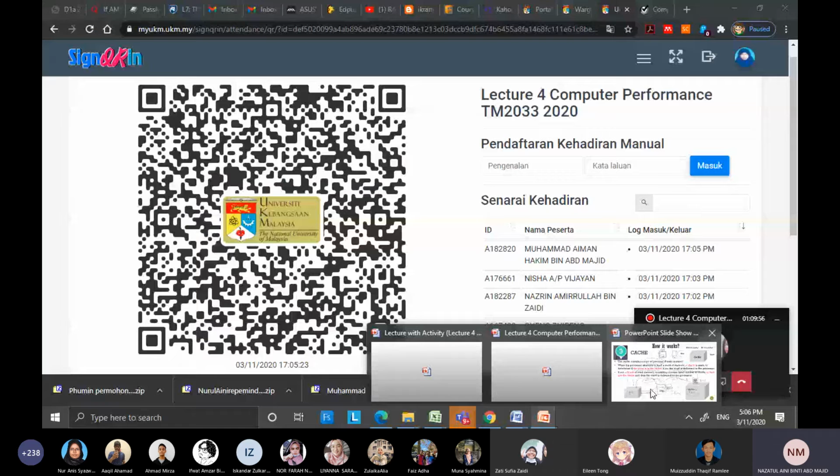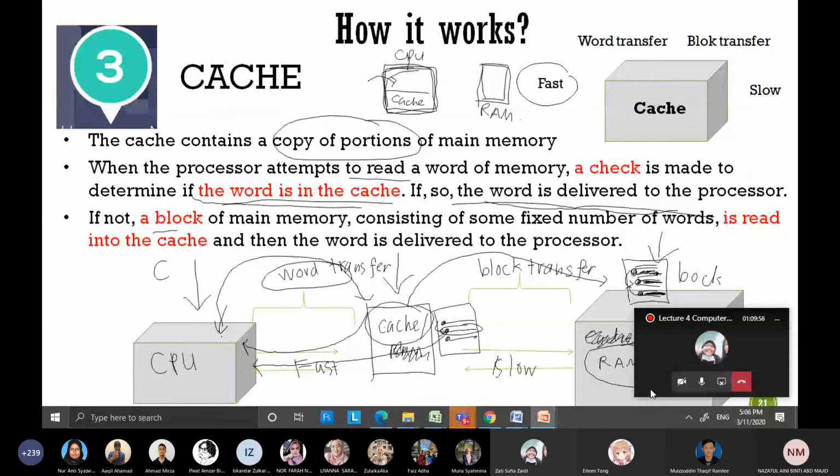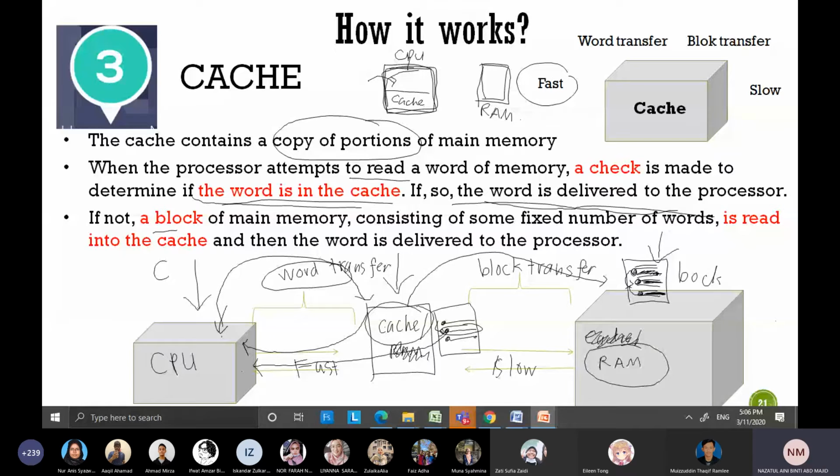Okay, we continue. So just now, we looked at how cache works. Briefly said again, if the CPU needs some instruction to execute, it will look first in the cache. We call it a word. If the word is in the cache, it will transfer to the processor, the CPU.